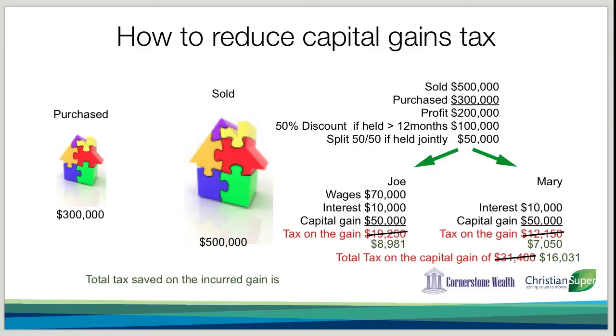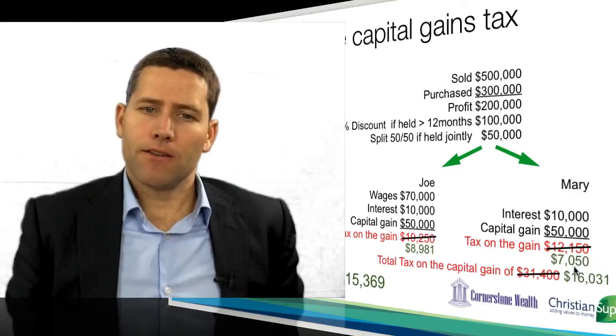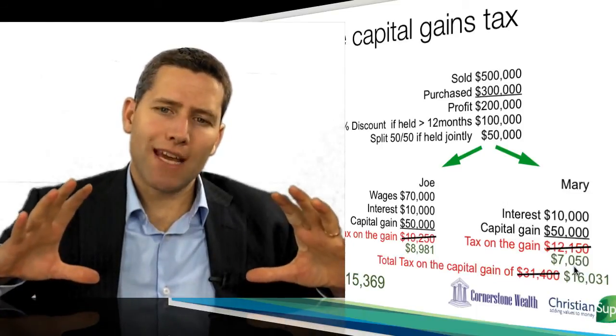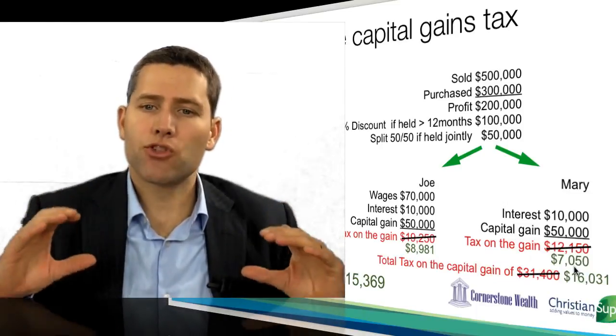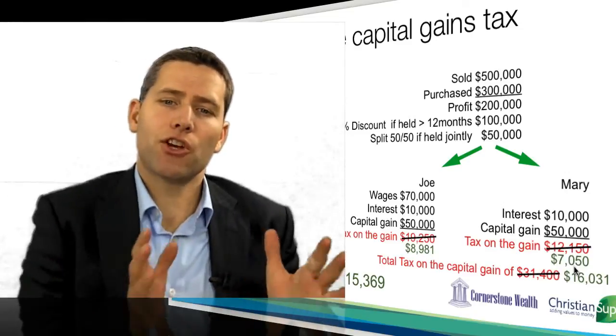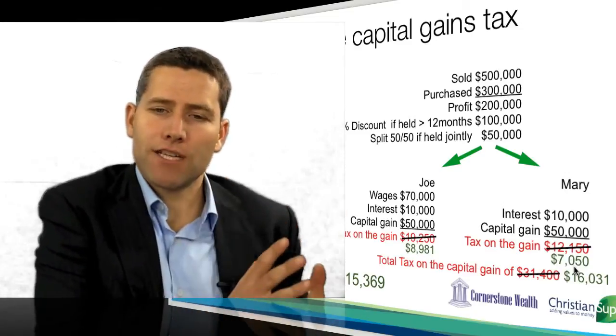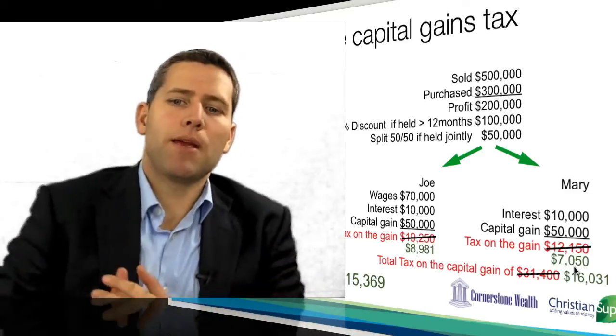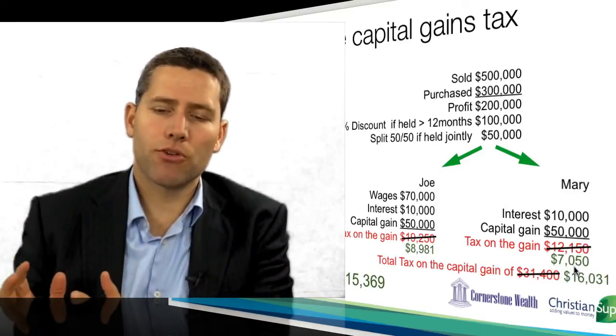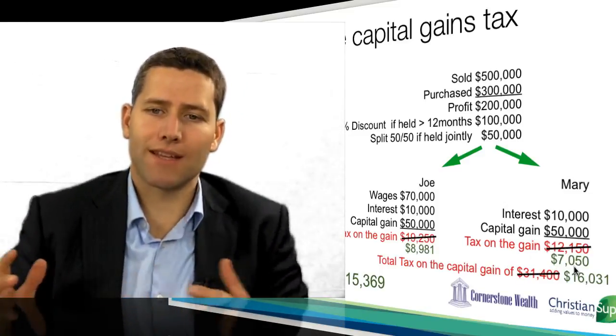So we've made a total tax saving on the gain in this particular scenario of $15,369. So we've nearly halved the tax on the capital gain in this particular scenario. So what we've done was effectively reduce the capital gain on the sale of the investment by reducing our taxable income. In Joe's case, it's been by salary sacrificing because he's employed. In Mary's case, you can make deductible contributions to offset the capital gain.